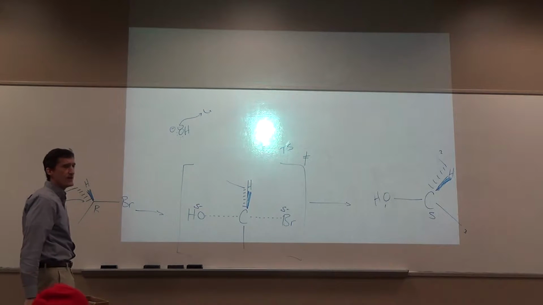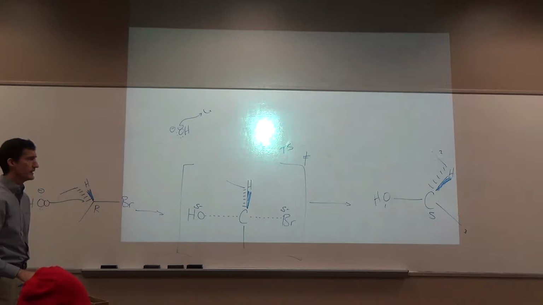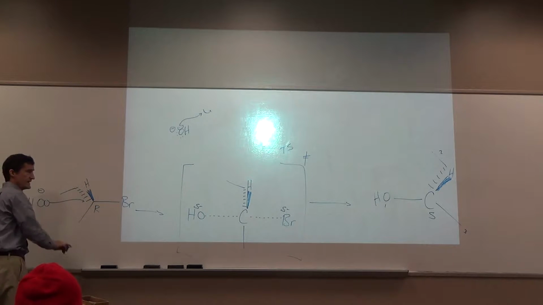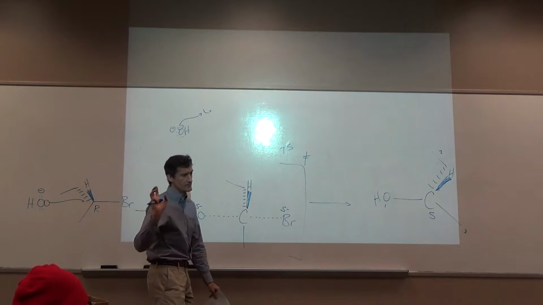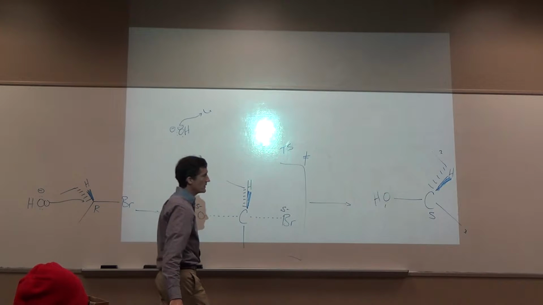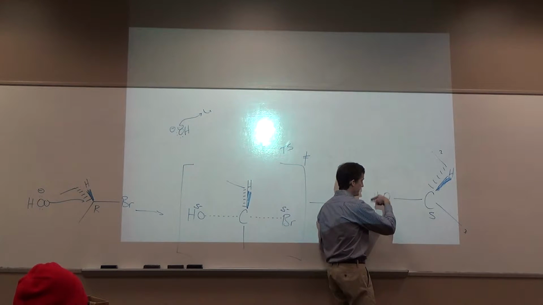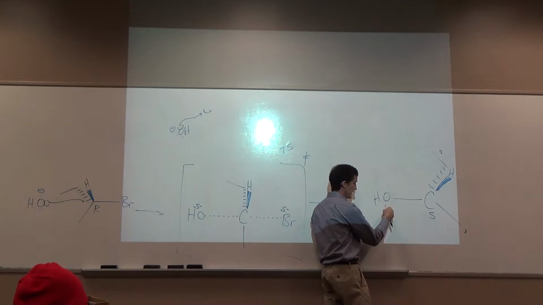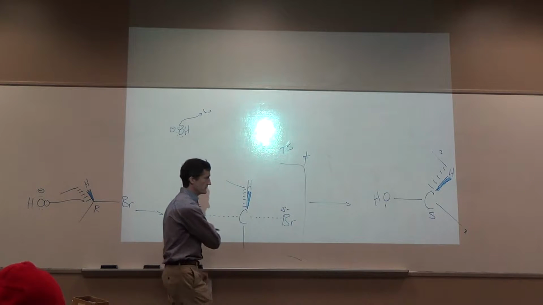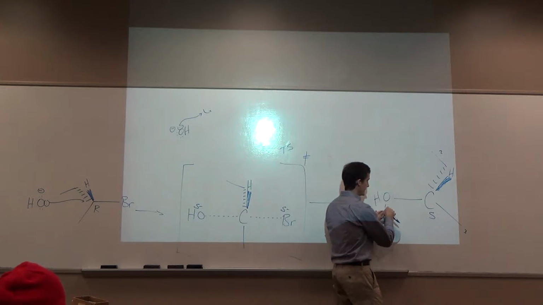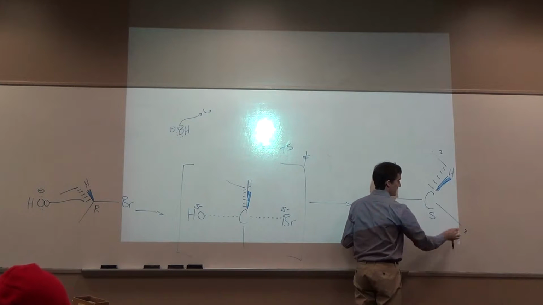Now, 99.9% of the time it's going to go from R to S. But it could do this same backside attack and it'd be R, and that would blow your mind. Because we're assuming that the nucleophile is high priority just like the leaving group was. But what if the nucleophile was actually not high priority and one of these became high priority?